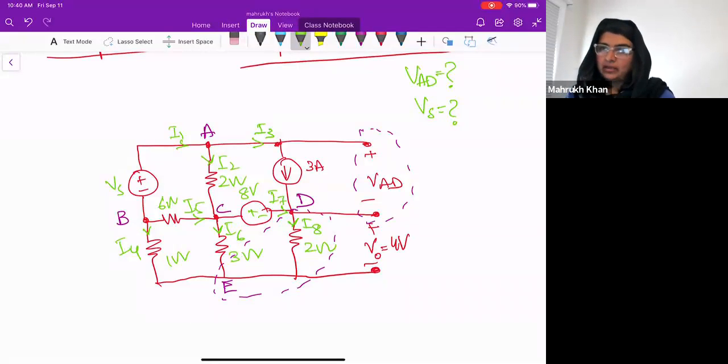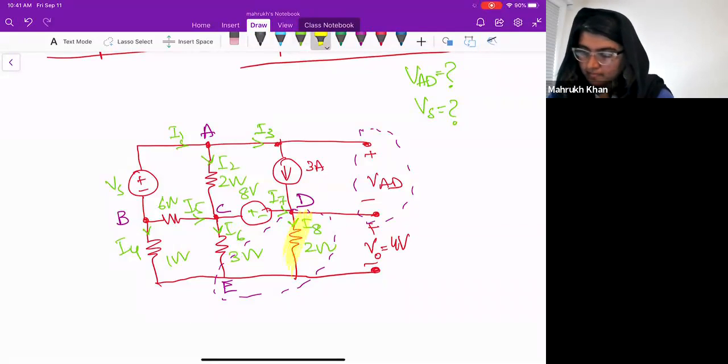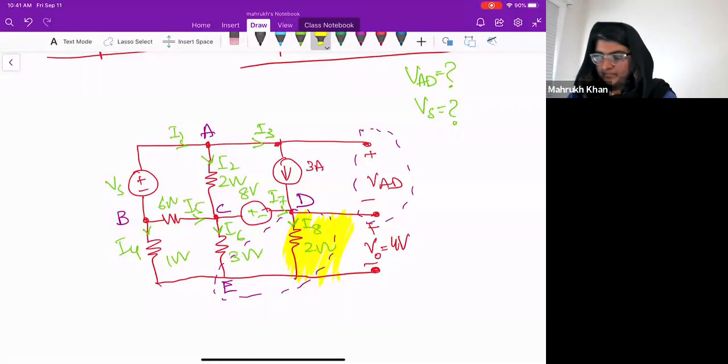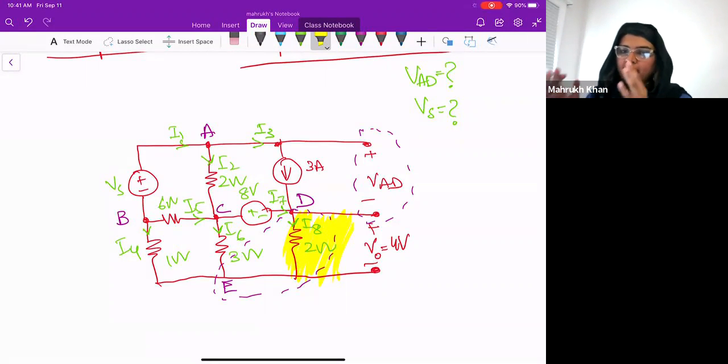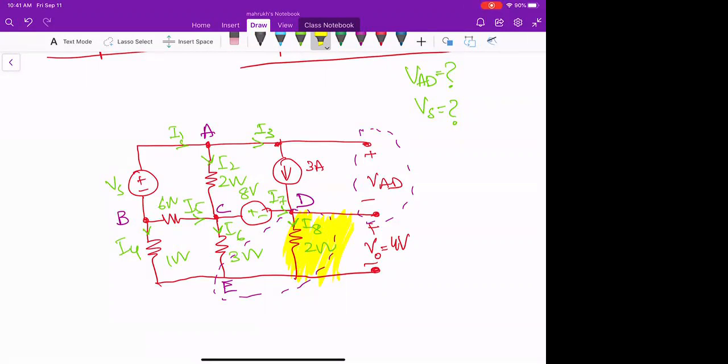We know something, that is V naught. So from knowing V naught, we can find out one more thing. Just don't look at other parts of the circuit. Just look at that one. From V naught, what we can find out. Yes? I8, right?